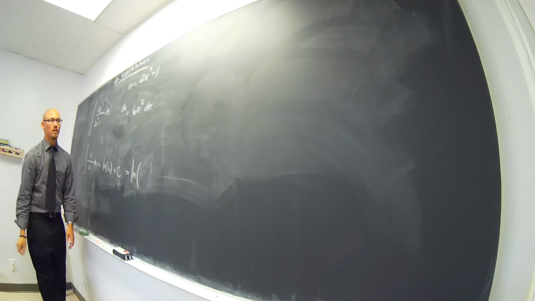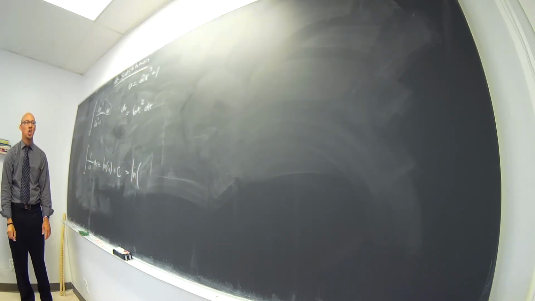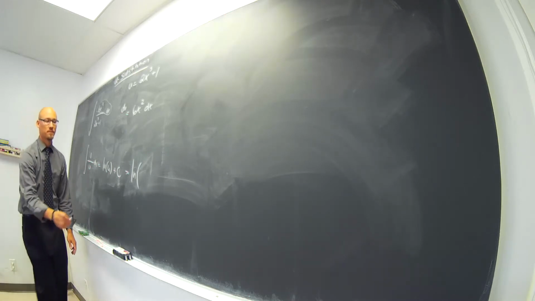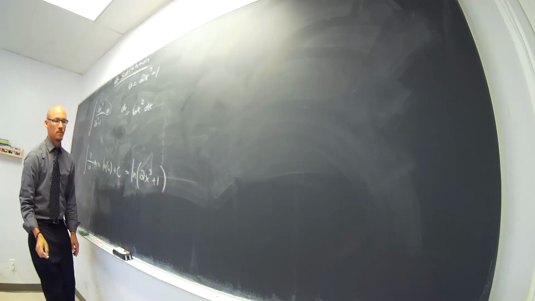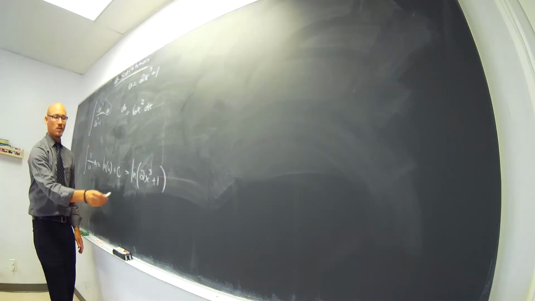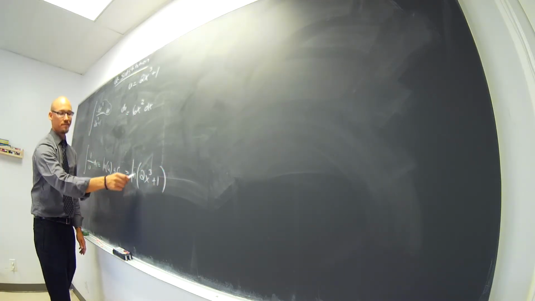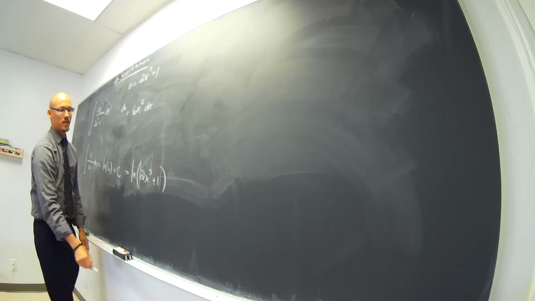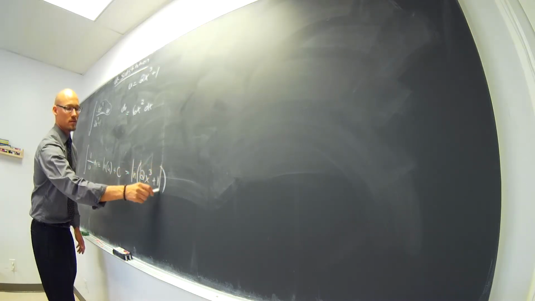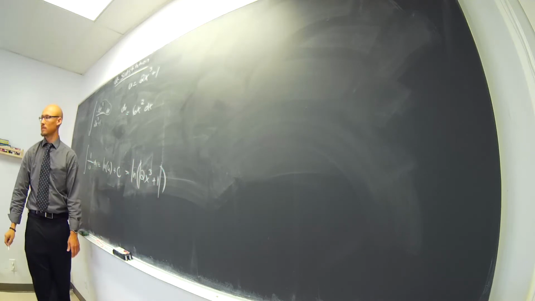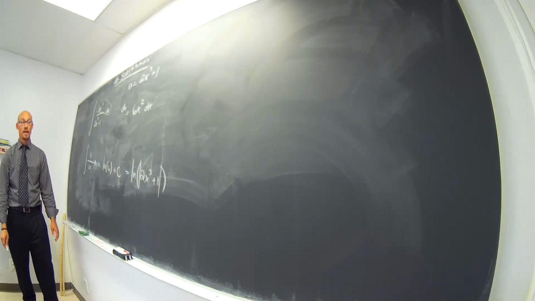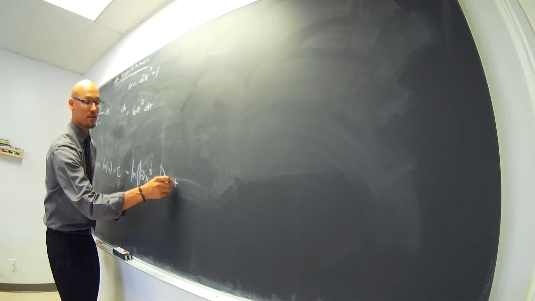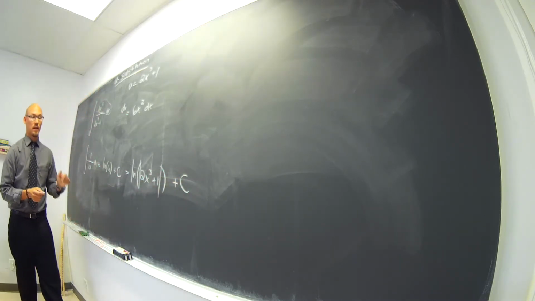Natural log of 2x, and I feel like they always do absolute value because you can't take the log of a negative or a 0. Plus c. Good eye, Chief. There's always that constant of integration.